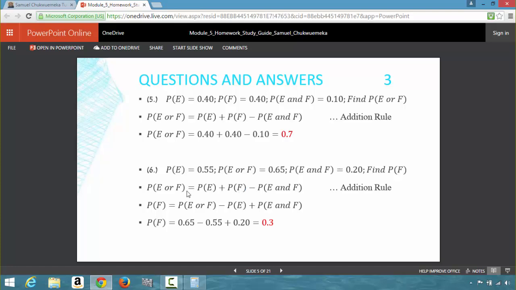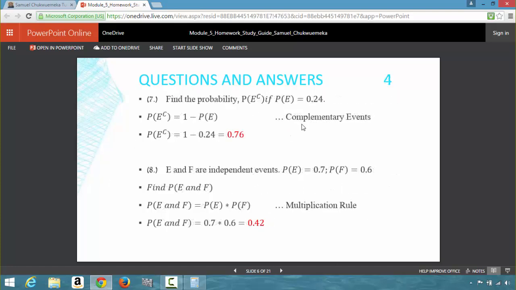So you can move all these here. If you don't know how I got this, please view my videos on equations, linear equations, and literal equations. But we just use the addition rule. And this is the addition rule right here.